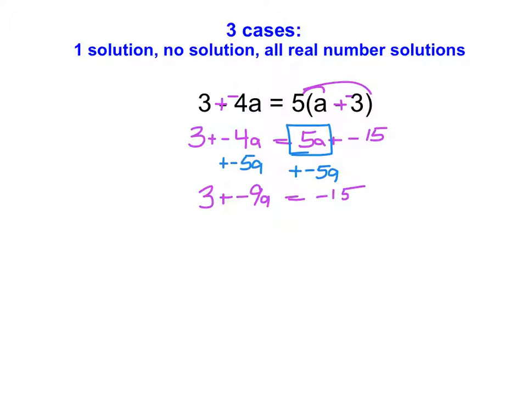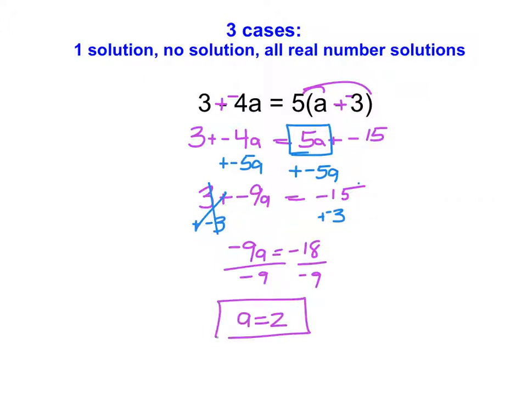And then I'm going to undo that 3, add negative 3 to each side. So these will cancel out. And then I'm left with negative 9a is equal to a negative 18. Divide both sides by negative 9, and I find that a is equal to 2.